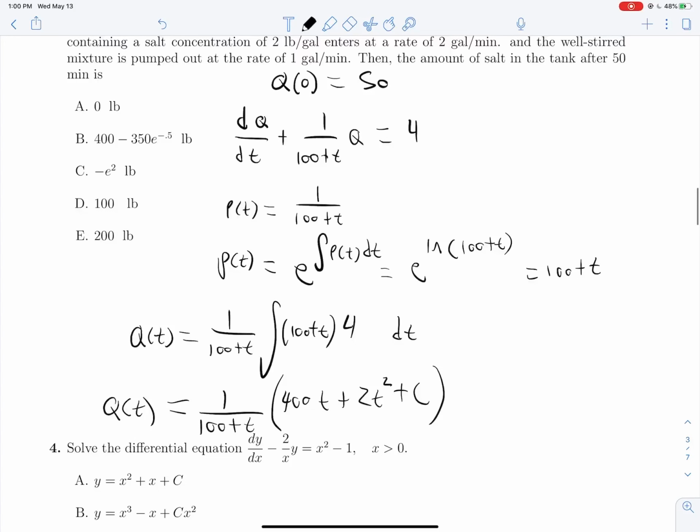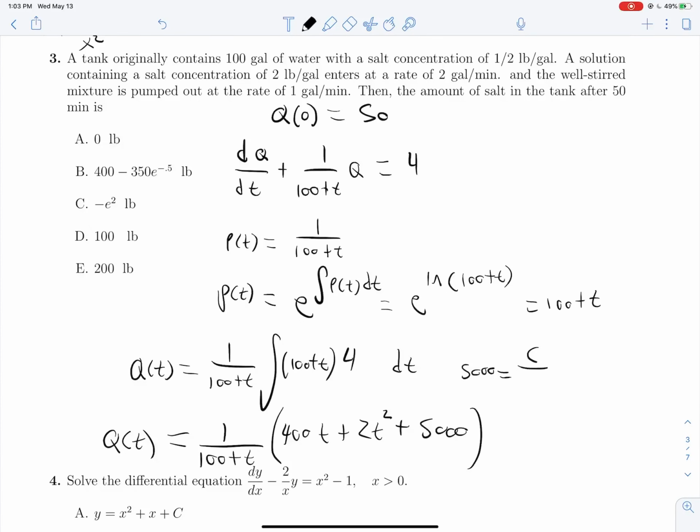So applying that initial condition, 50 is equal to 1 over 100 multiplied by c. So this is c over 100 is equal to 50, and 50 times 100 is 5,000. So we'll plug that in for this c. So at this point, all we need to do is plug in Q at 50.